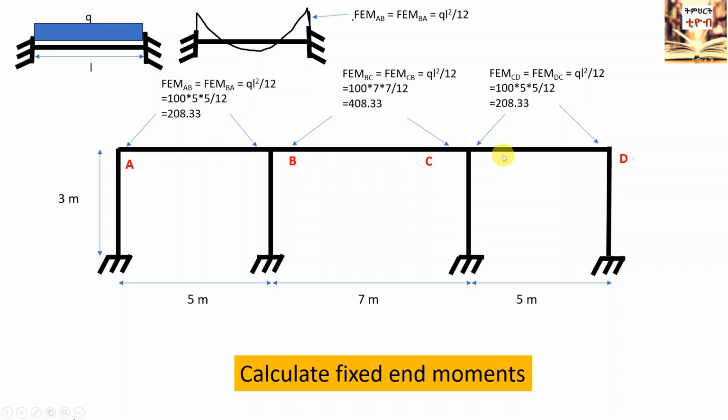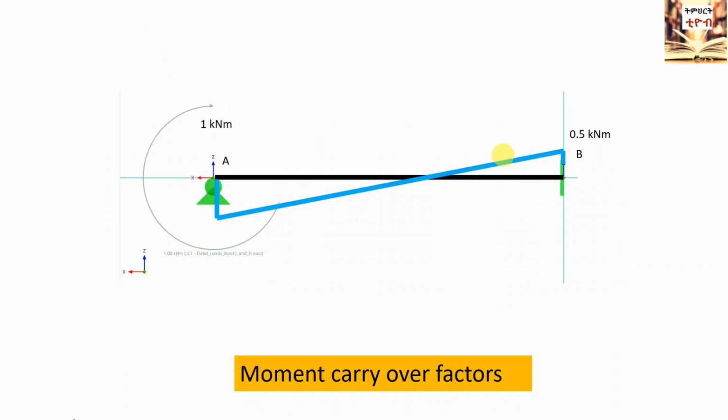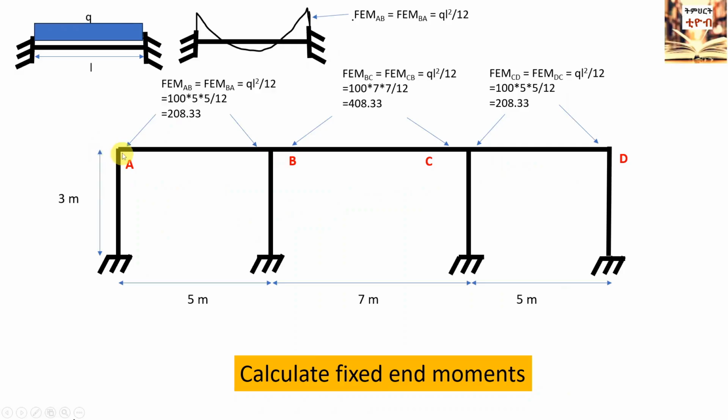In the moment distribution method, every joint of the structure to be analyzed is fixed so as to develop the fixed end moments. Then each fixed joint is sequentially released. When a joint is released, an unbalanced moment will occur at the joint.